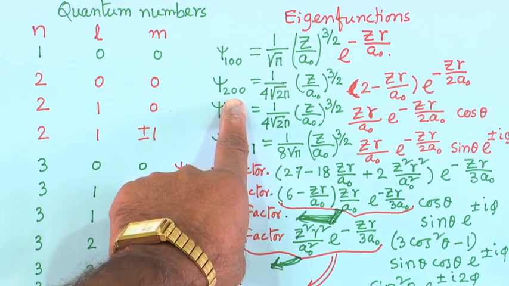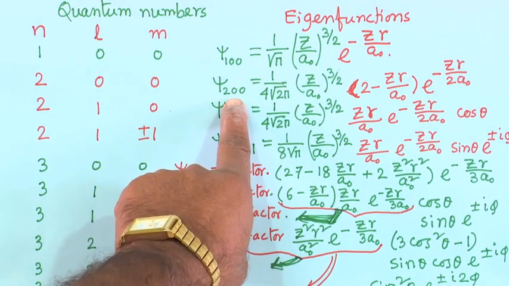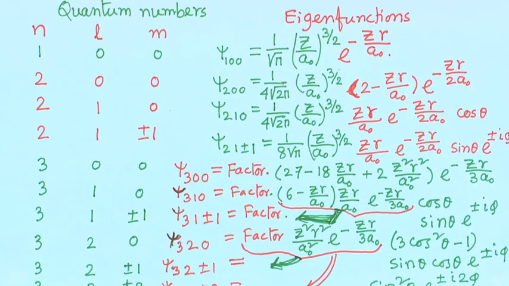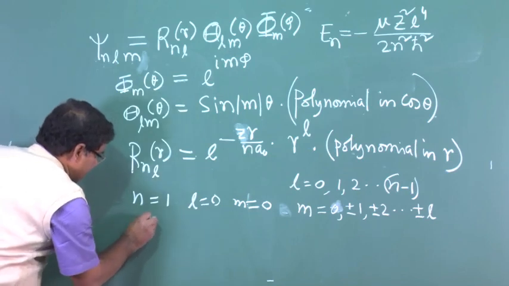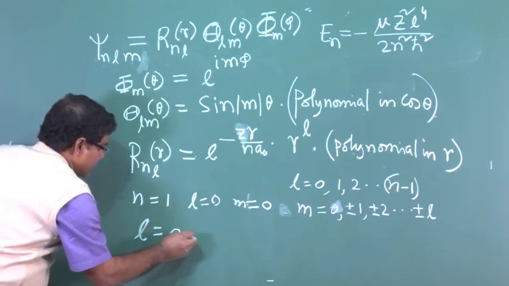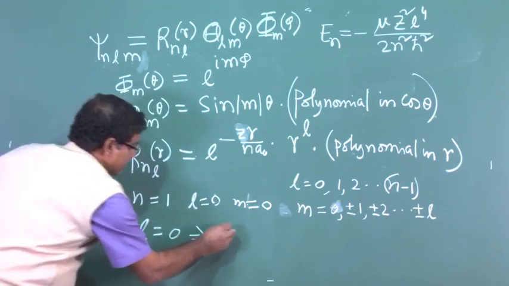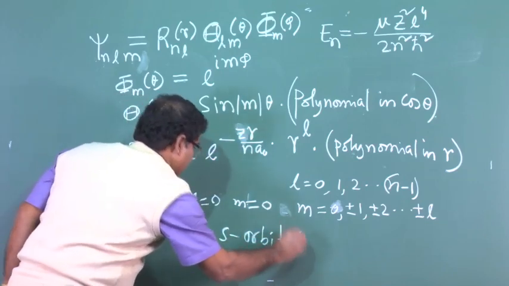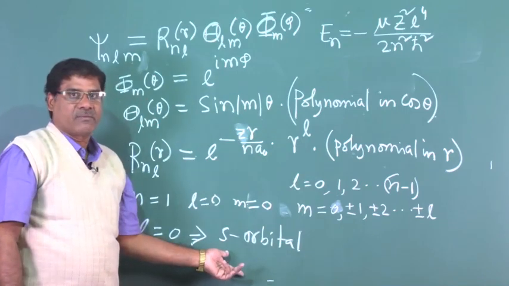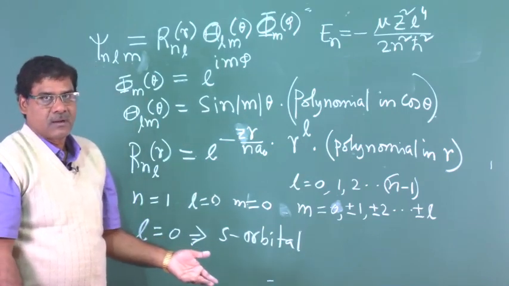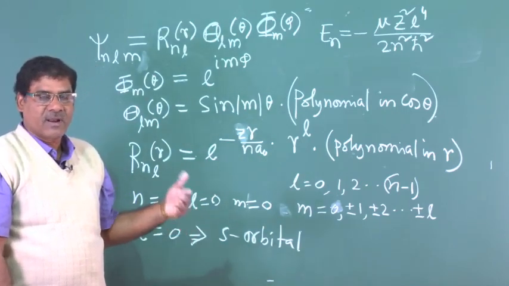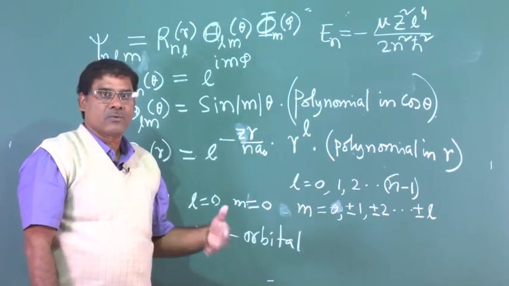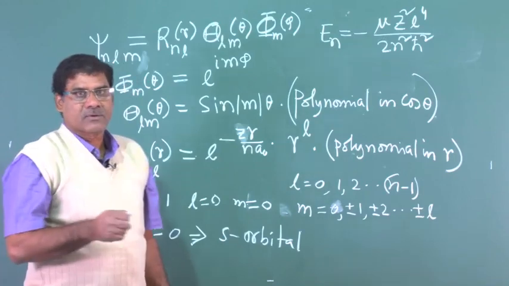So L equal to 0 is basically the S orbital, for different n values, n equal to 1, 2, 3, whatever we have shown.